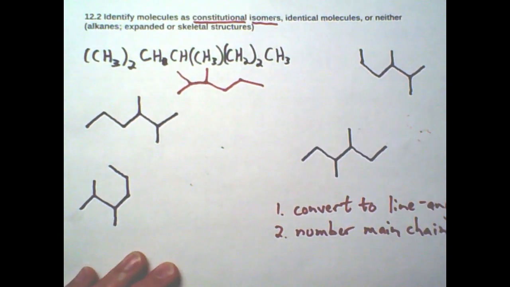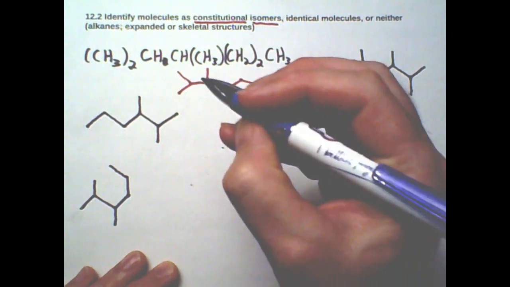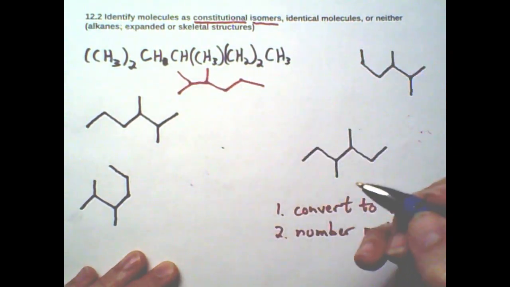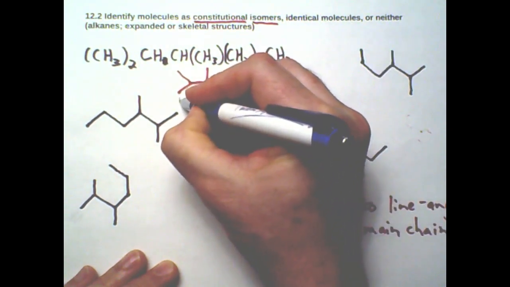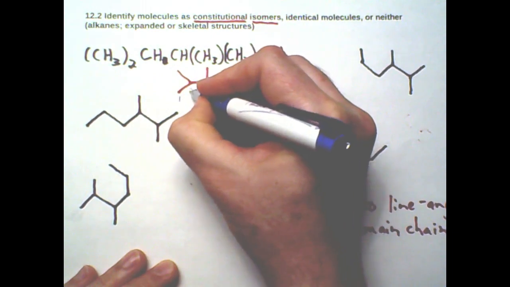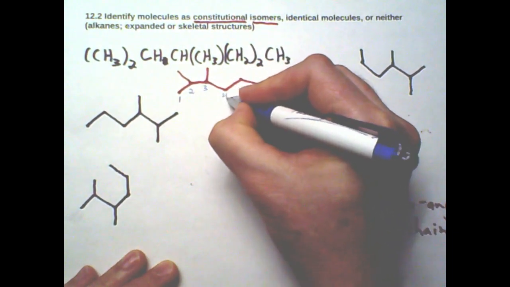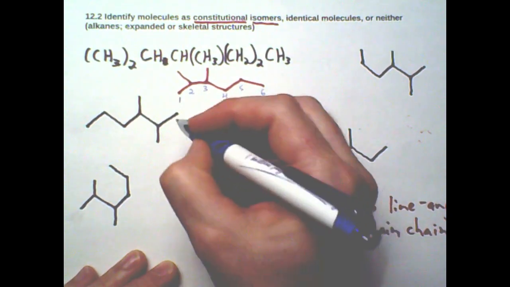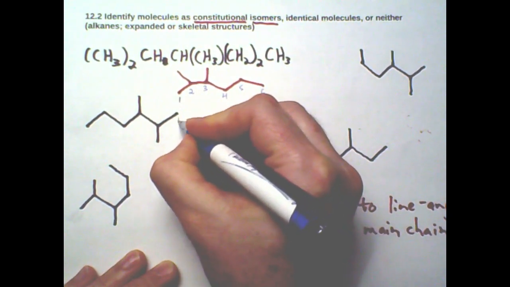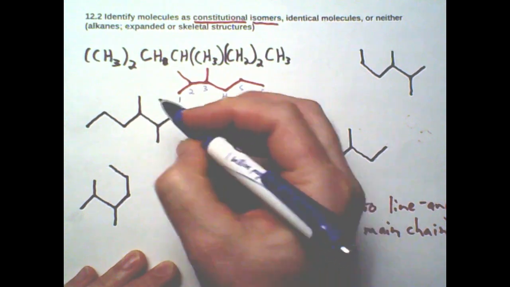I'm going to pick a place and start numbering it. And, even if you get the numbering wrong, it doesn't really matter as long as you have some consistency. So I've got this fork here. I'm going to take one end of it and call it 1, and then go along the longest chain. And I'm going to do that with each of these molecules. This has a fork as well.